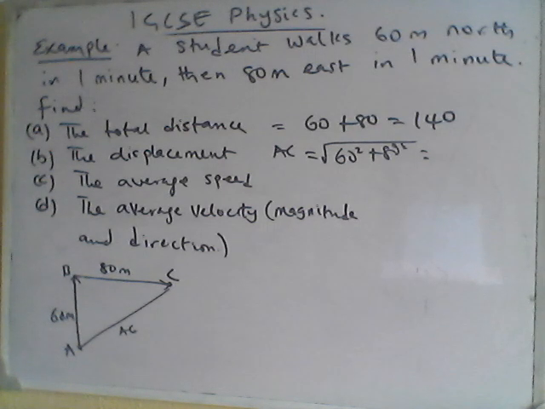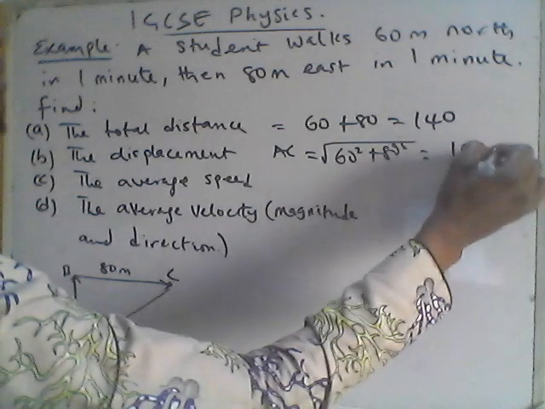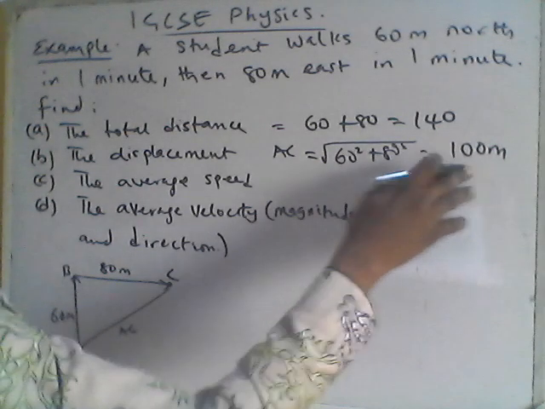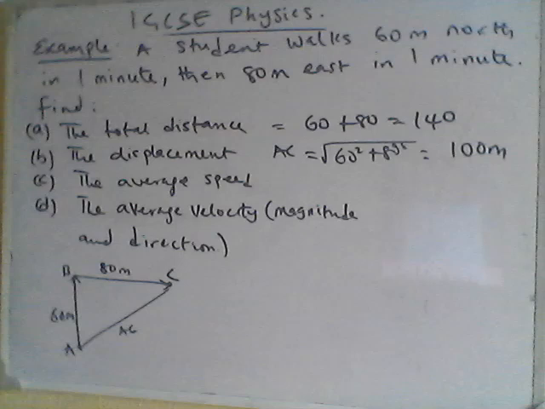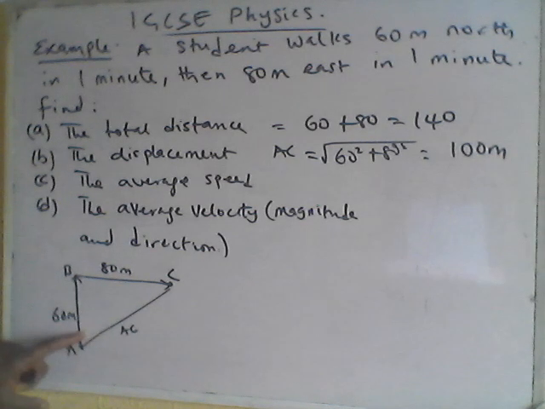So by the time I do this, I'll be getting 100 meters. So this is 100 meters. This is the magnitude. But the direction of that movement, we are going to look for the tan inverse of this angle. That is the angle that he moved. The angle.